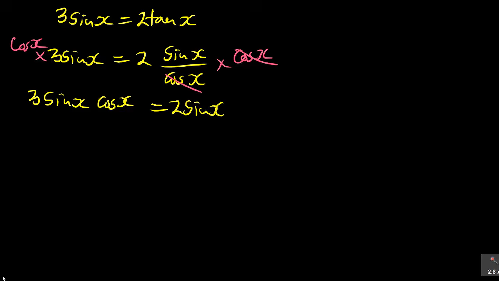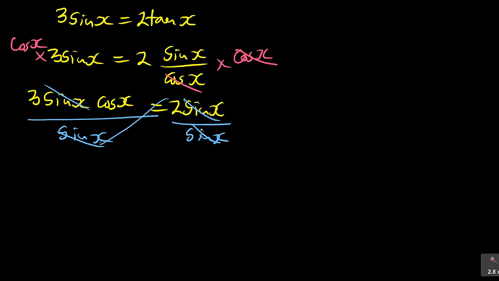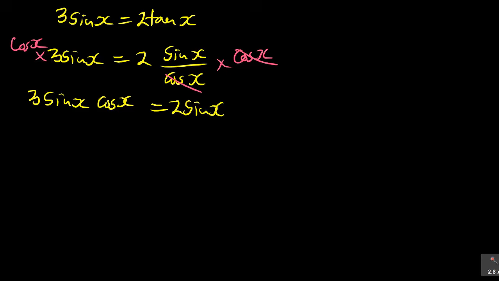Please don't be tempted at this stage to say I divide by sine x so that this cancels. Don't do that. You are going to lose sine x, and when you lose sine, then you will lose some of the values. So don't always divide by x, because when you divide by x, you have lost x in that particular part. So what you do, always factorize.